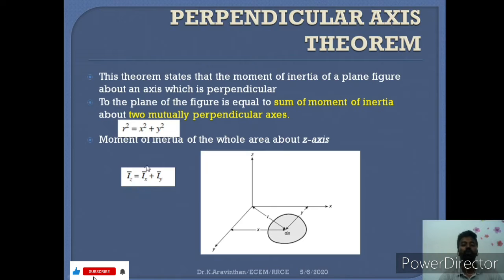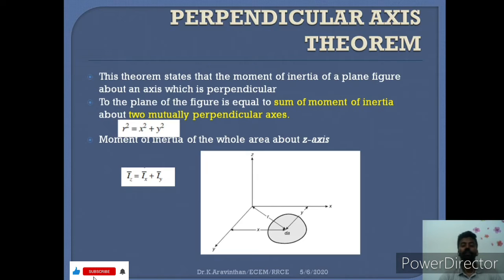That is, if you know the moment of inertia at x-axis and y-axis, then you can find the z-axis moment of inertia by adding the two moments of inertia.